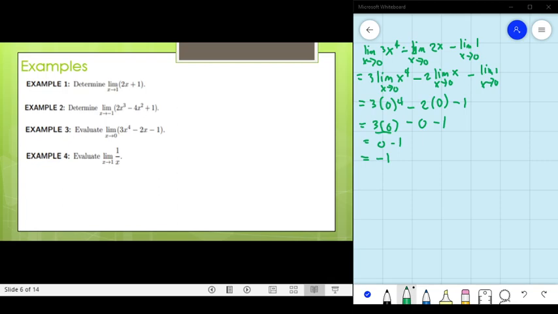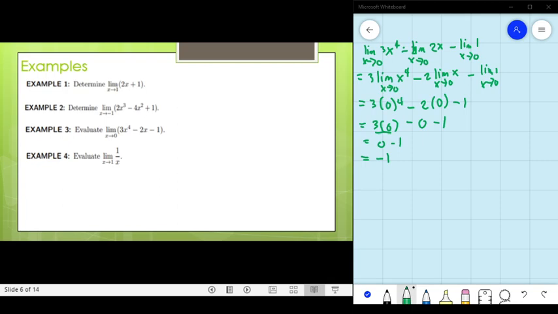So in number 4, we are going to evaluate the limit of 1 over x as x approaches 1. Take note that the limit of x as x approaches 1 must be equal to 1. Since the denominator will never be 0, we can apply the division rule.